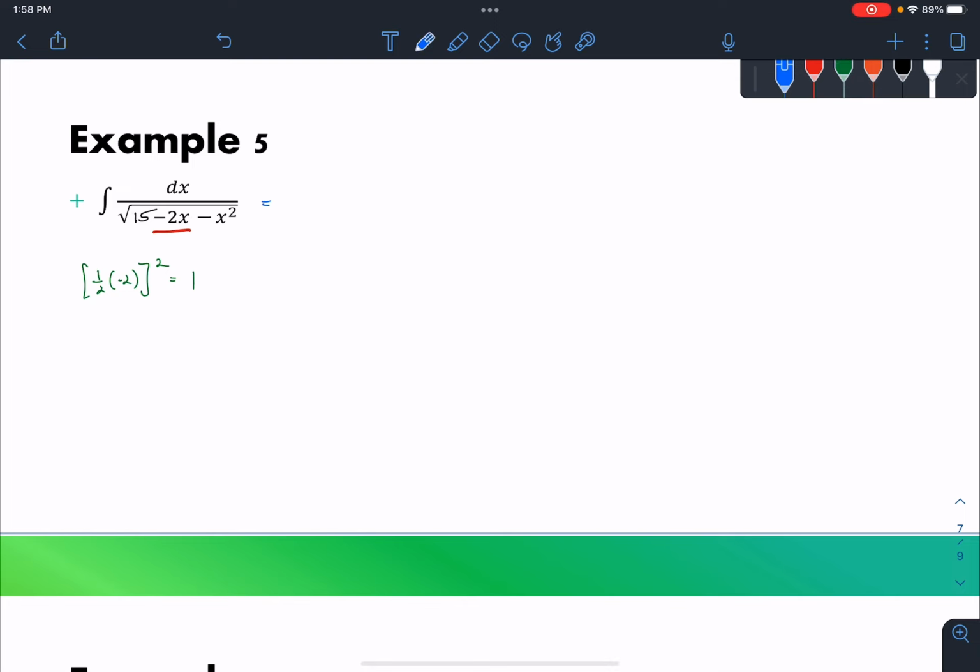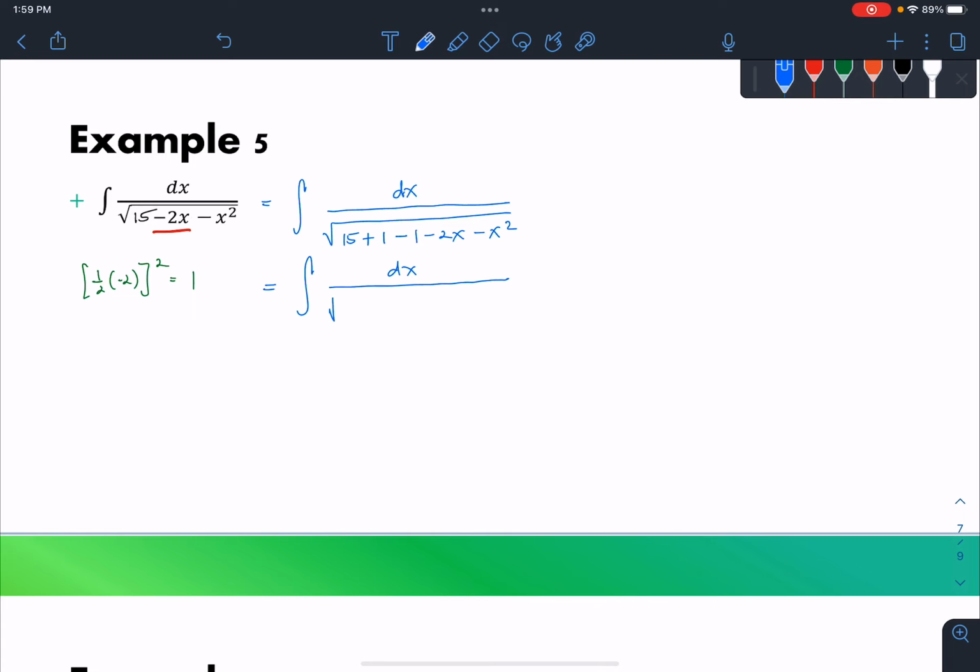So this would be equal to the integral of dx all over the square root of 15. So we add 1, we minus 1 as well, and minus 2x minus x squared. And afterwards, I'm going to combine.